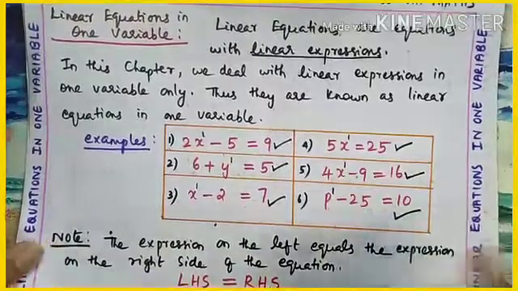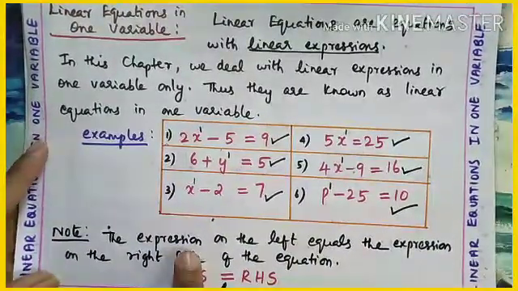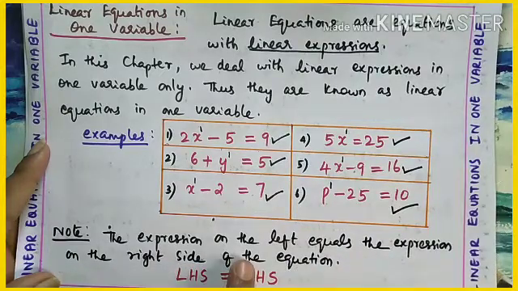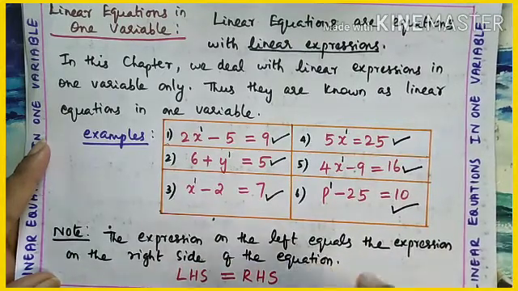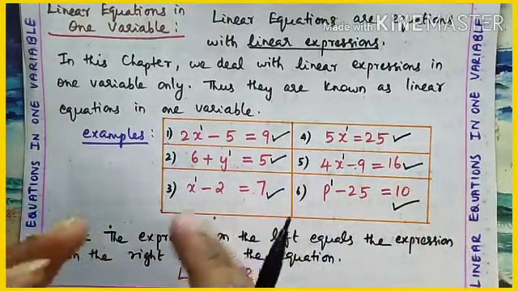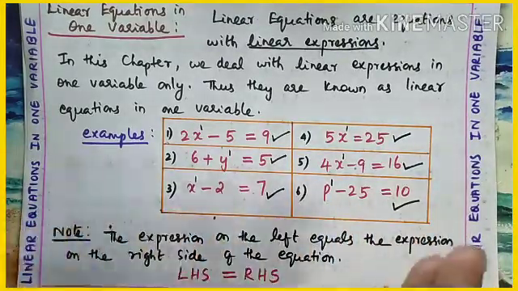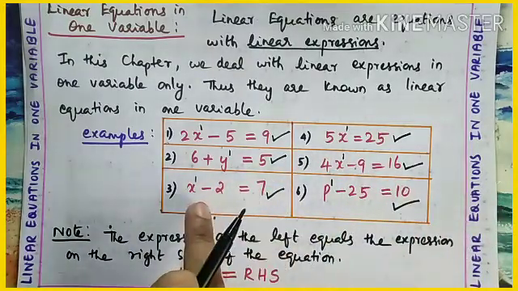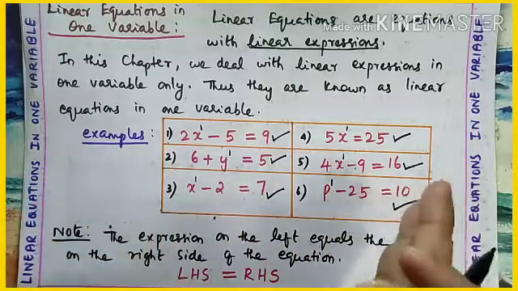Now there is a note for you. The expression on the left equals the expression on the right side of the equation. So what do you mean by this equal to sign? Something is equal to something, correct? So in this type of linear equations, you can see an expression on one side and a number on the other side.